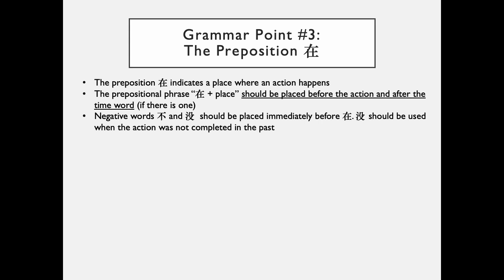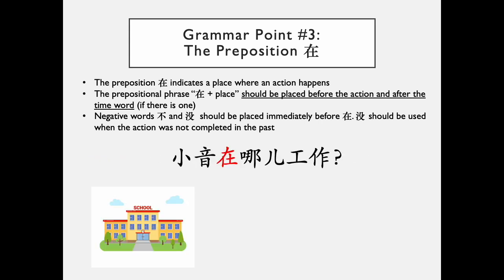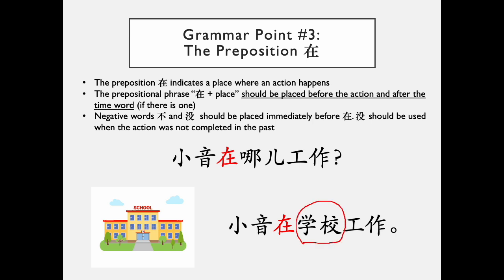Let's look at an example. 小英在哪儿工作? And we want to say she works at the school. So we would say 小英在学校工作. So notice here in this sentence how the place, school, 学校, follows the preposition 在, and after that we have the verb, the action, to work.